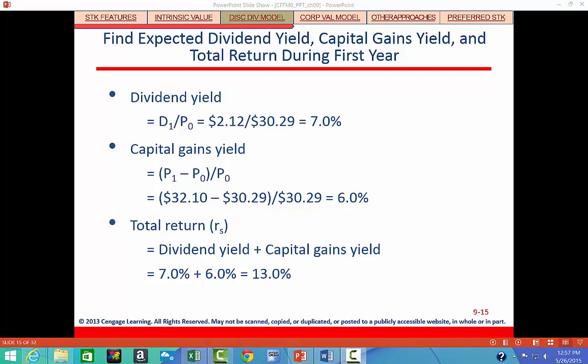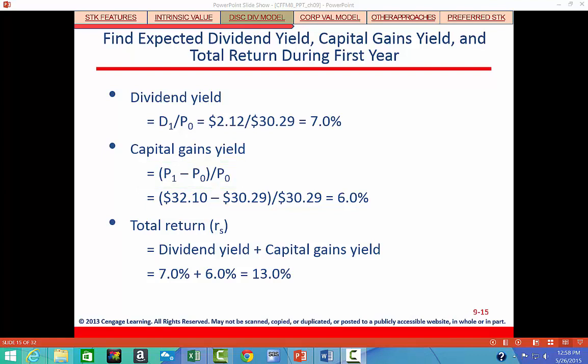And so if we divide those two, we see that stock would have a dividend yield of 7%. And then the capital gains yield could be found by finding the percentage change in the price. So we take the next year's expected price, $32.10, that we had already calculated, minus the intrinsic value today divided by what we expect the intrinsic value today to be. And that's 6%.